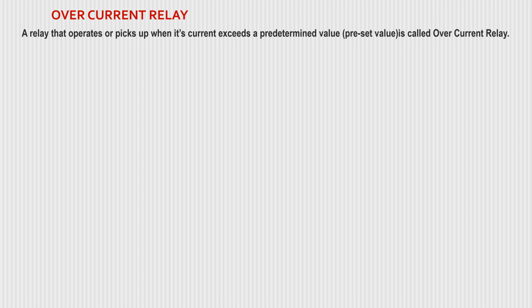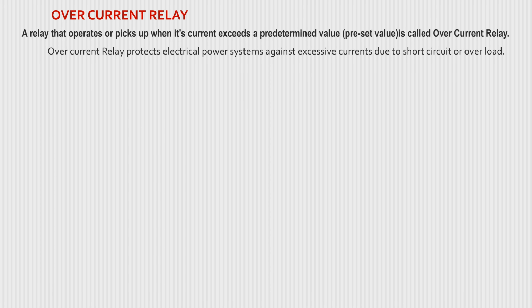A relay that operates or picks up when its current exceeds a predetermined preset value is called an overcurrent relay. An overcurrent relay protects electrical power systems against excessive currents due to short circuit or overload.